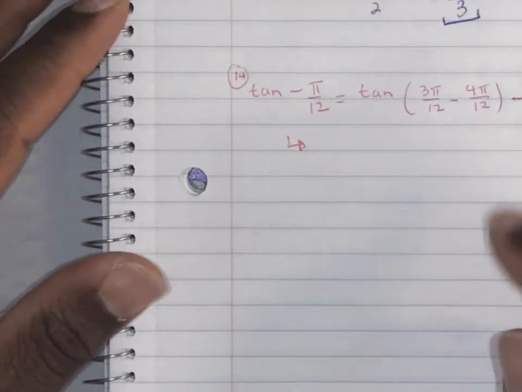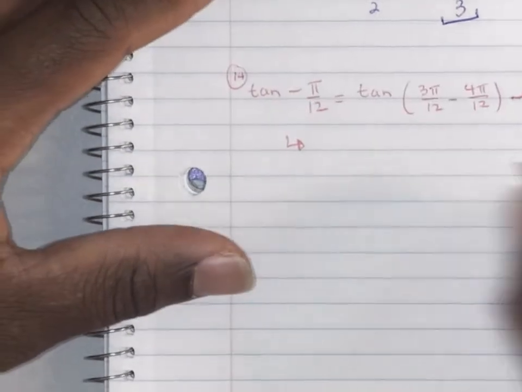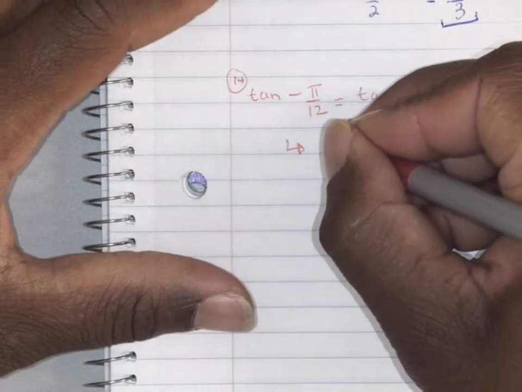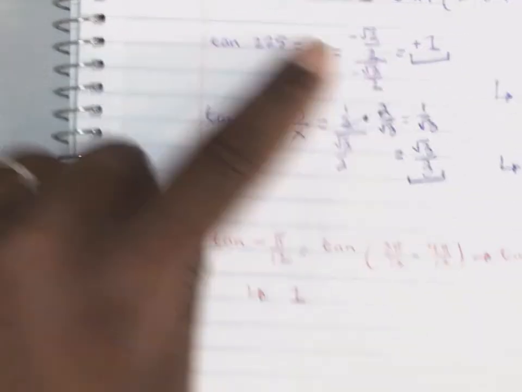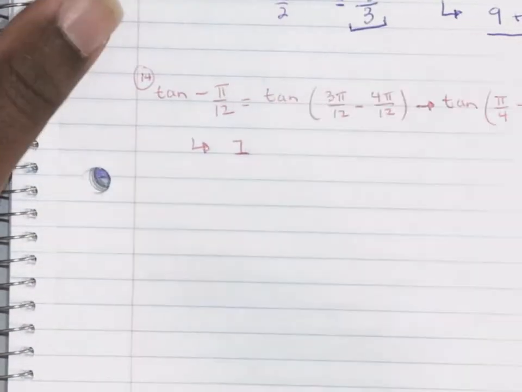So I got tangent of A. Tangent of 45 is 1. We found that earlier. And then the first quadrant tangent is positive, so positive 1.